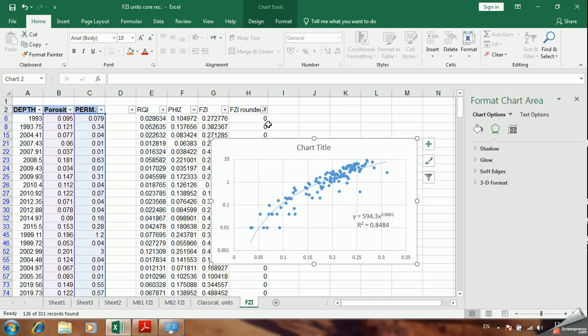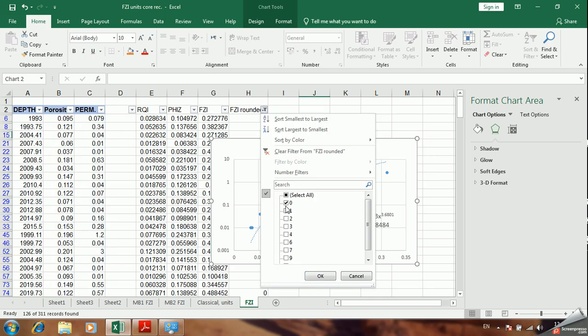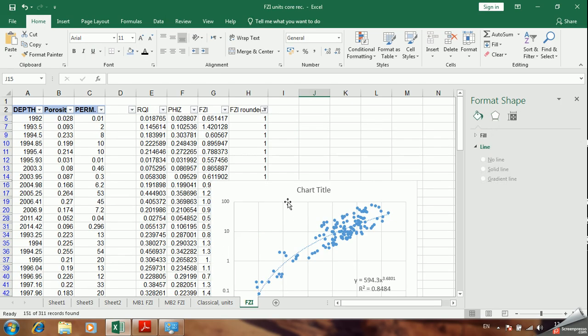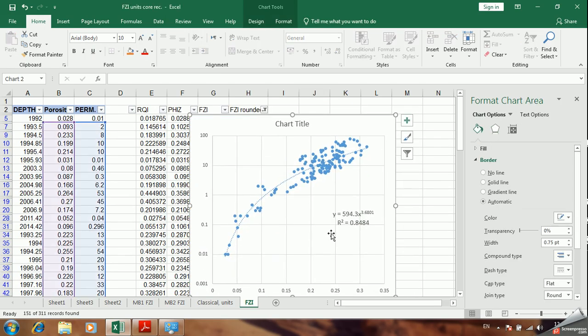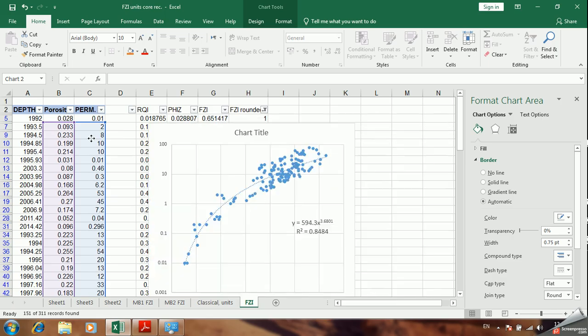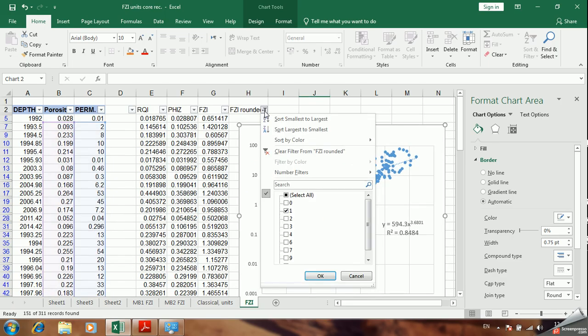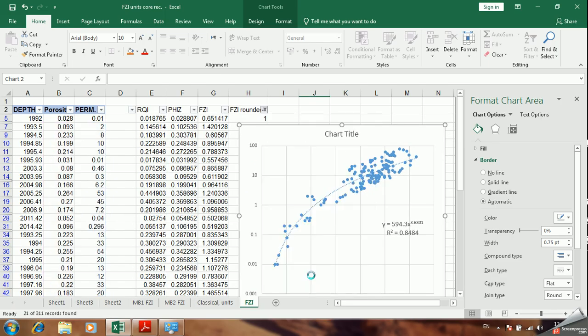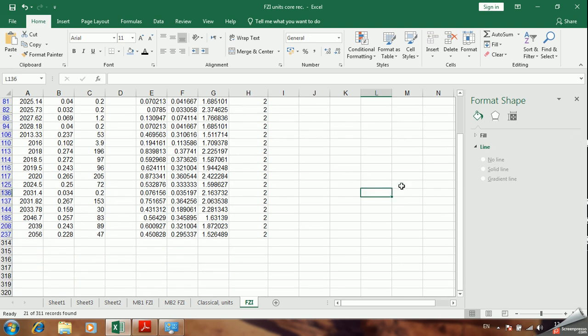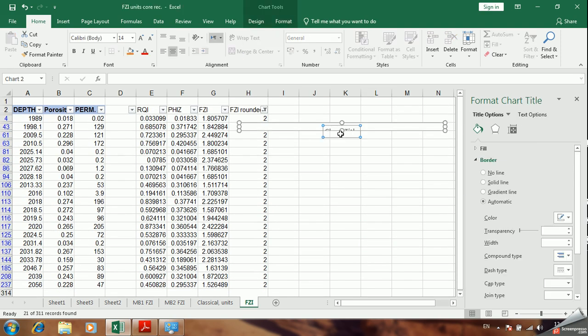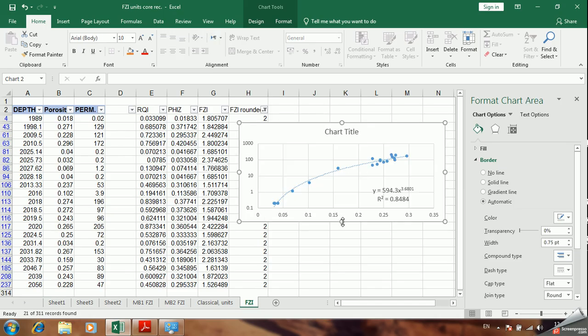And the same thing I have to do now is for the rest of the FZI numbers. So for the 1, only select 1, and you can see this is the equation of FZI 1. For 2, this is the equation of FZI 2.